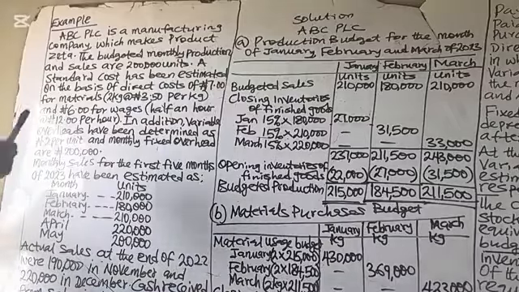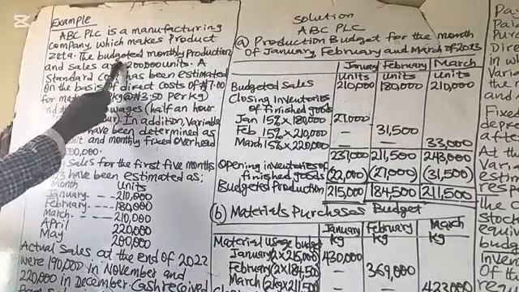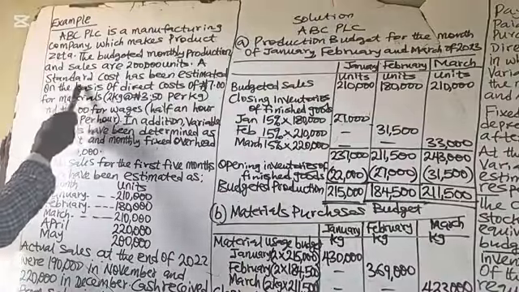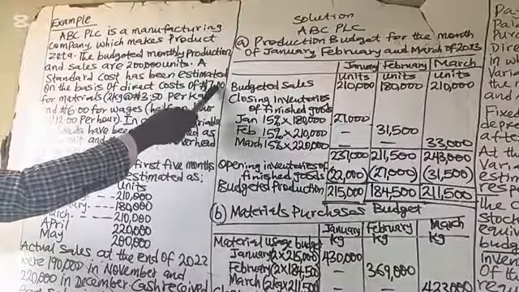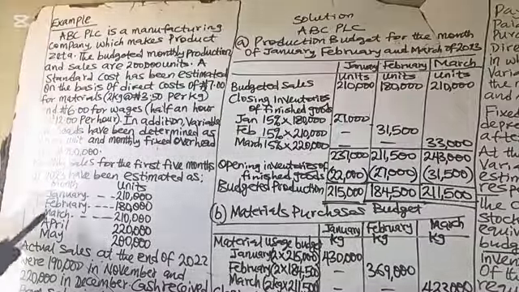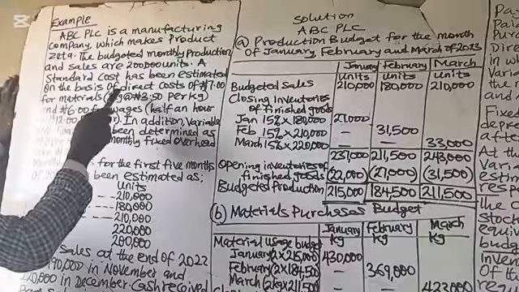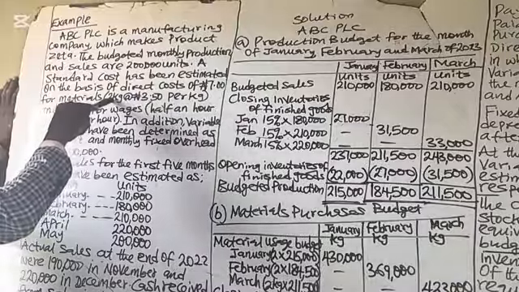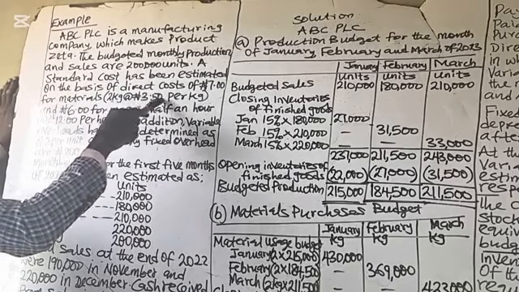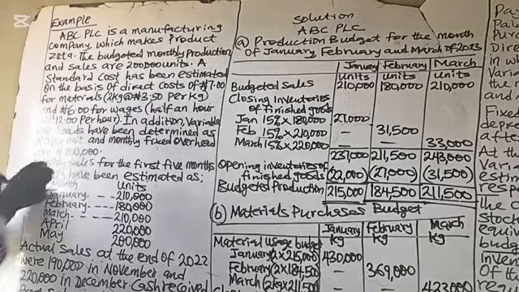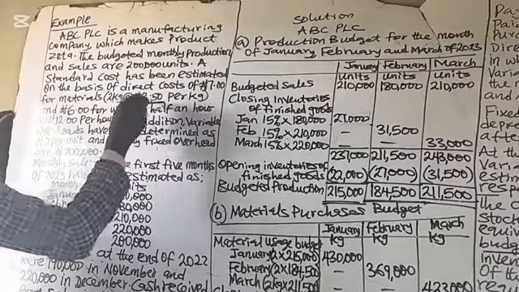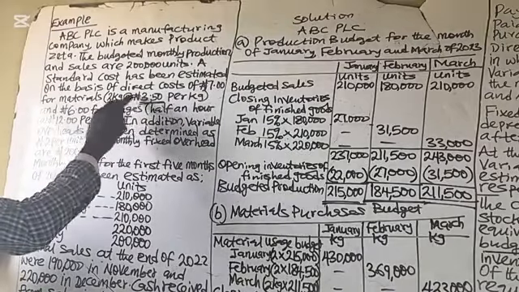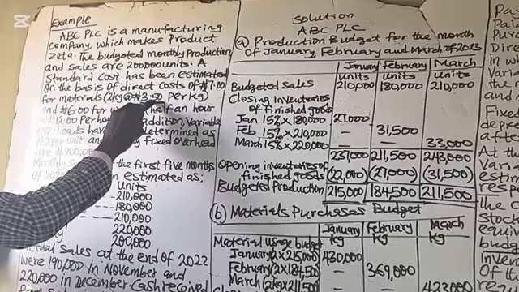You were told that the budgeted monthly production and sales are 200,000 units. A standard cost has been estimated on the basis of the direct cost of 7 naira for materials, that is 2 kg at 3 naira 50 kobo per kg. So the purchase price of material is 3 naira 50 kobo per kg. This standard cost of 7 naira is the weight of 2 kg by 3.5.